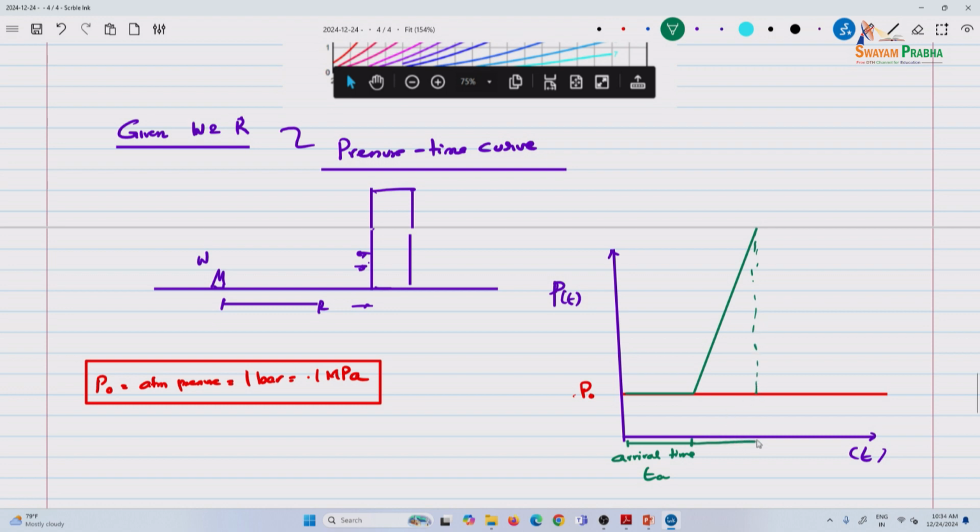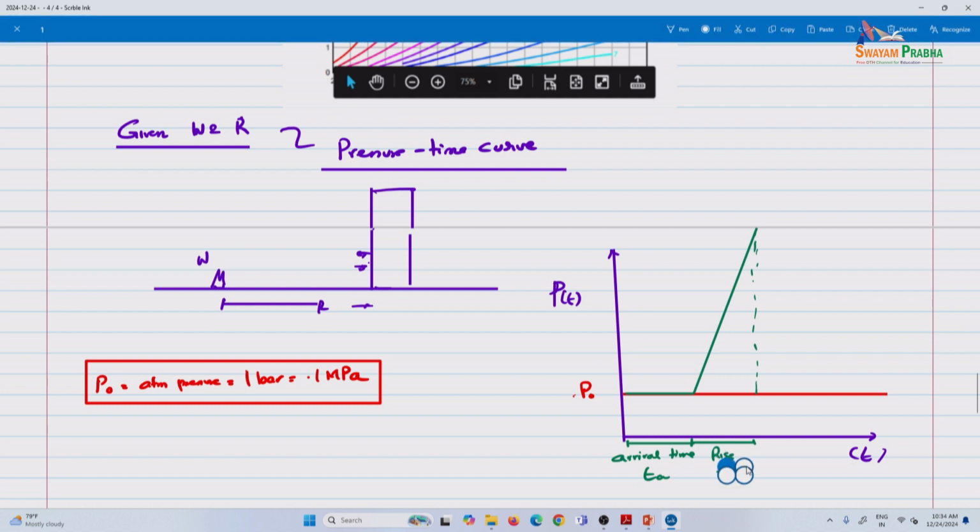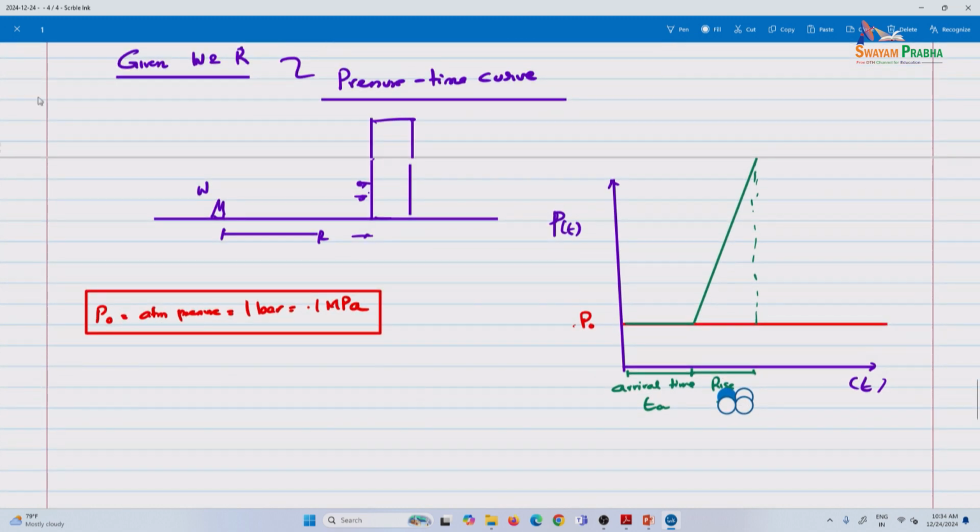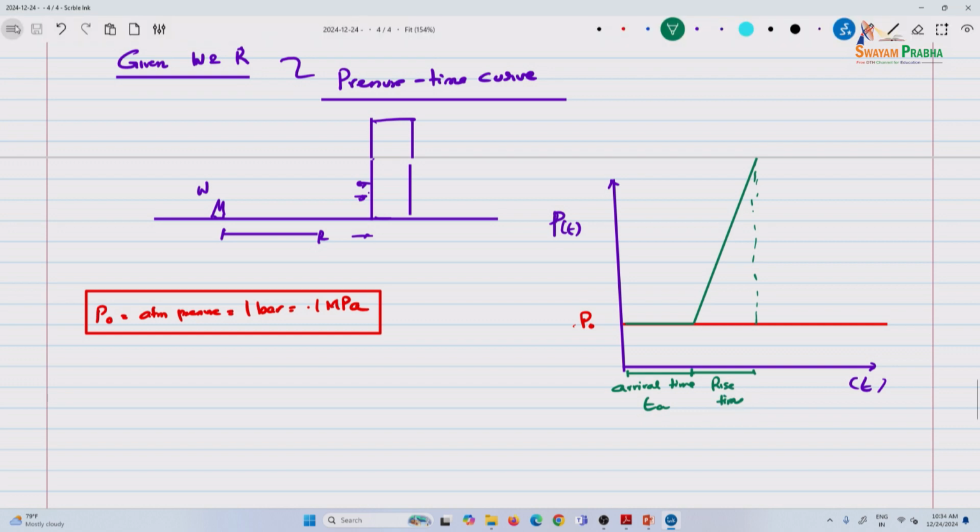This is the rise time. As we see, these are very quick, perhaps even less than milliseconds. And then the peak pressure, and then the curve will sort of exponentially decay.